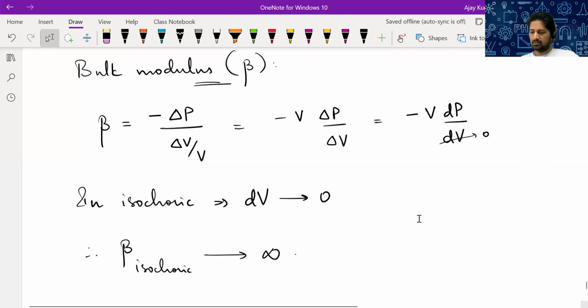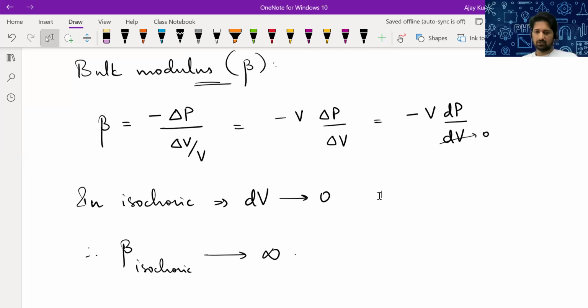What does that mean? As we know, bulk modulus or any modulus of elasticity for that matter, Young's modulus or shear modulus or bulk modulus, they give you an idea of the rigidity of the system, elasticity of the system. Greater the modulus of elasticity, more difficult it is to deform that system.